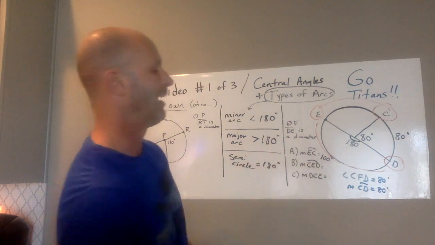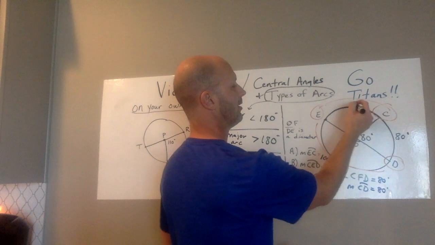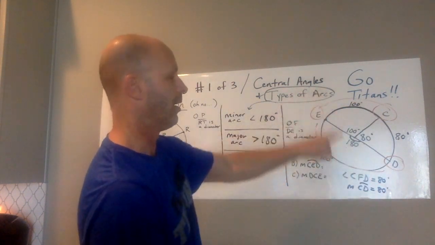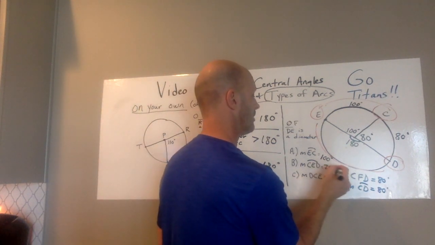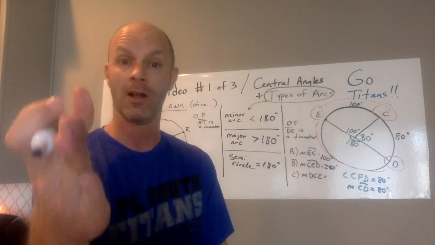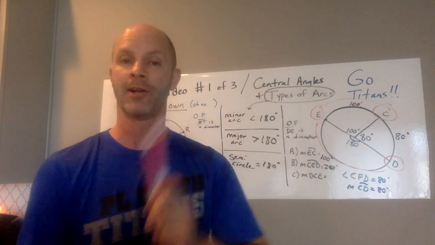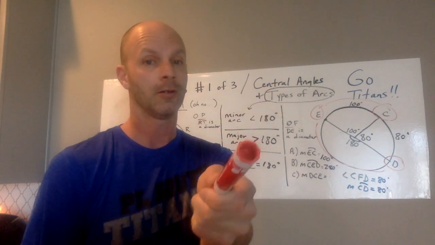Let me go back and add in the 100 there. And I'm going to add up 100 and 180 together, and that's going to be 280. And is that a major or minor arc? Major arc.